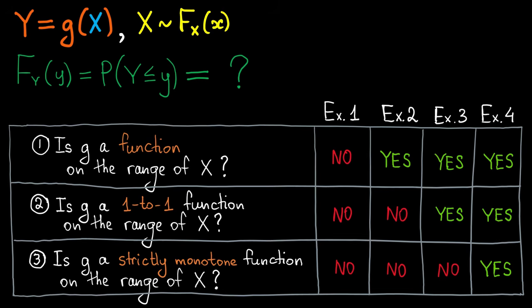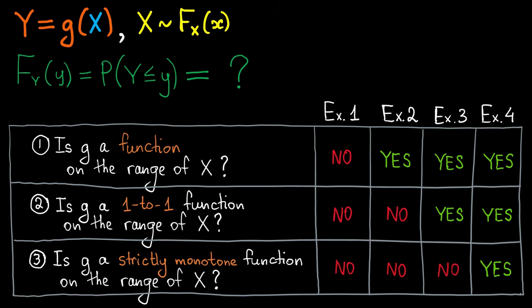Knowledge that our function g is one-to-one tells us that a single valued event in terms of the random variable y can be mapped back to a single valued event in terms of the random variable x, which is very promising because we know the distribution of the random variable x and we do not know anything about the distribution of random variable y.